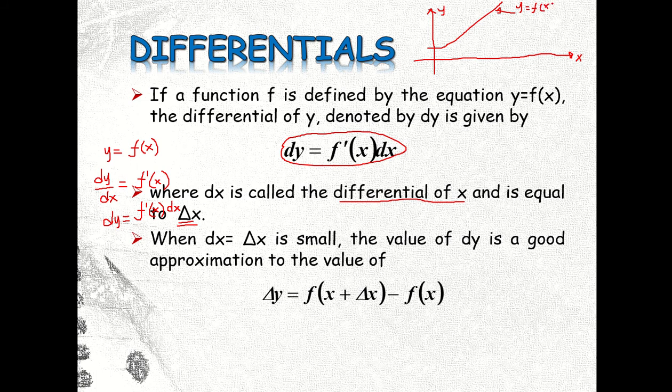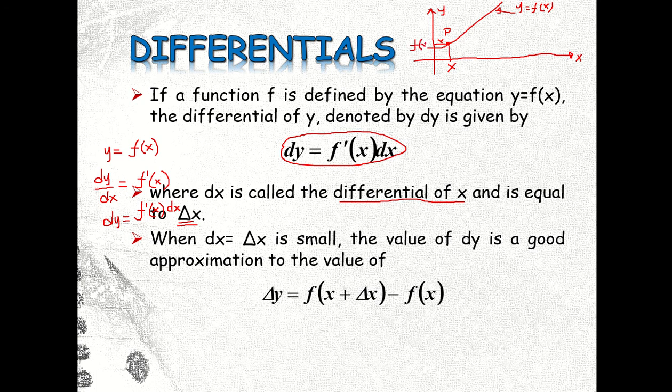I hope you still remember this one, class. We have here a point P. Say the distance of point P from the y-axis is equal to x. The height of this point from the x-axis is what we call f of x.